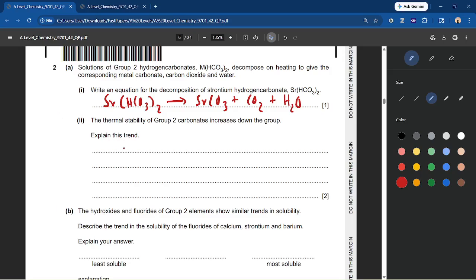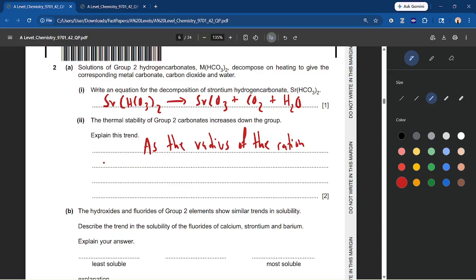So you can write, because as the radius of the cation decreases, the charge density increases, my bad.